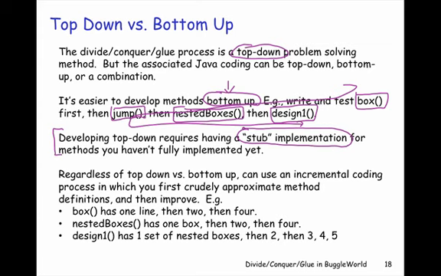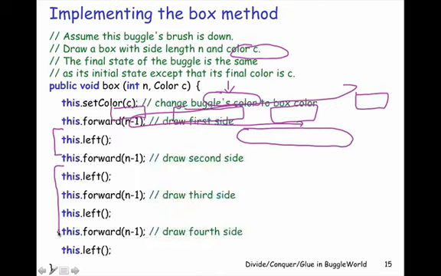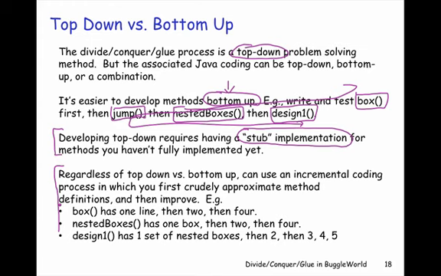And this brings us to another point, which is that regardless of whether you're doing bottom-up or top-down coding, you should always use an incremental coding style. Incremental coding says every time you add a statement, don't try to solve everything at once. Just do something simple, and test that.